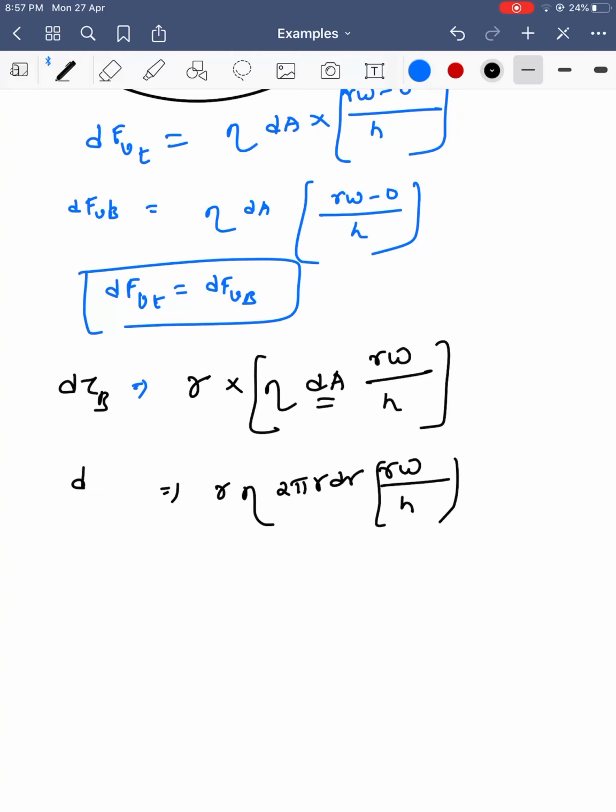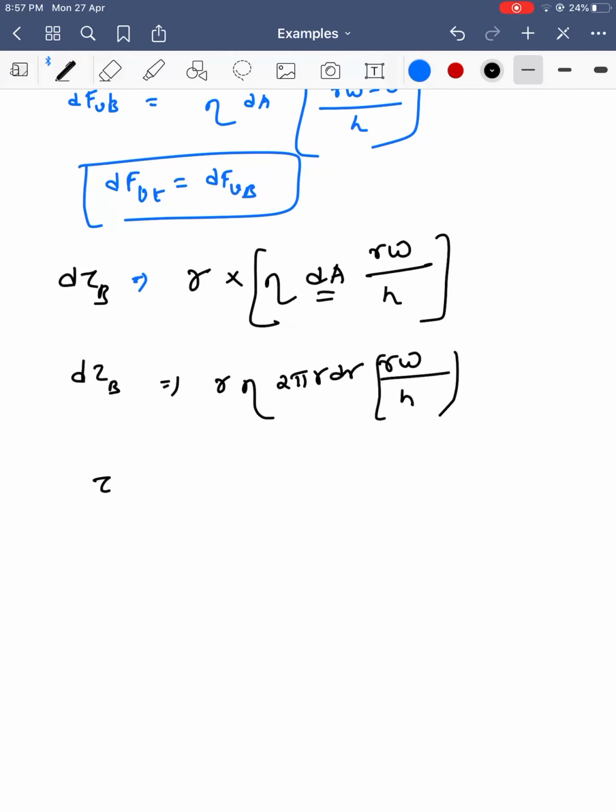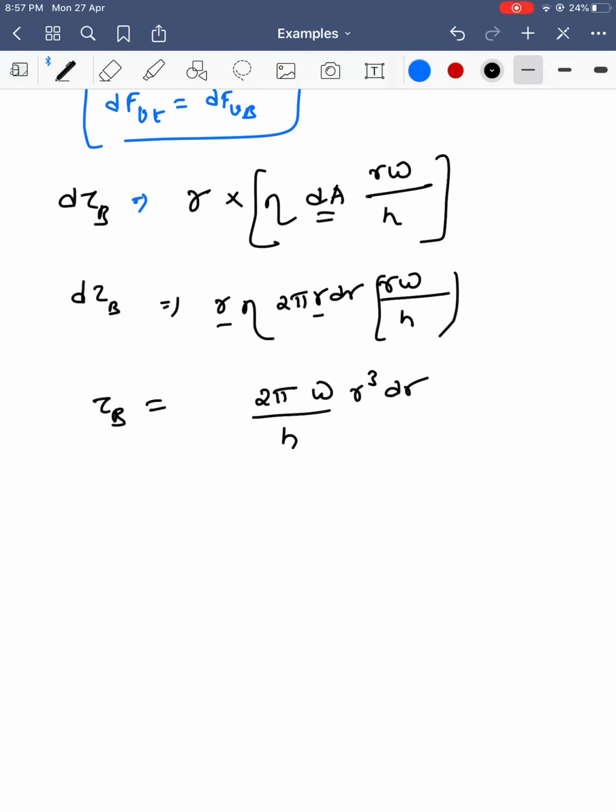To integrate, tau b is equal to the integral of 2 pi r cube dr omega by h.